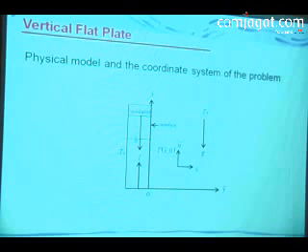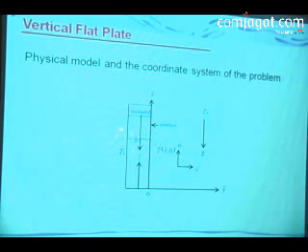This is the typical model and coordinate system of the problem. Y bar is a Cartesian coordinate along the horizontal direction, and X bar is a Cartesian coordinate along the vertical direction. The plate is along the vertical direction.